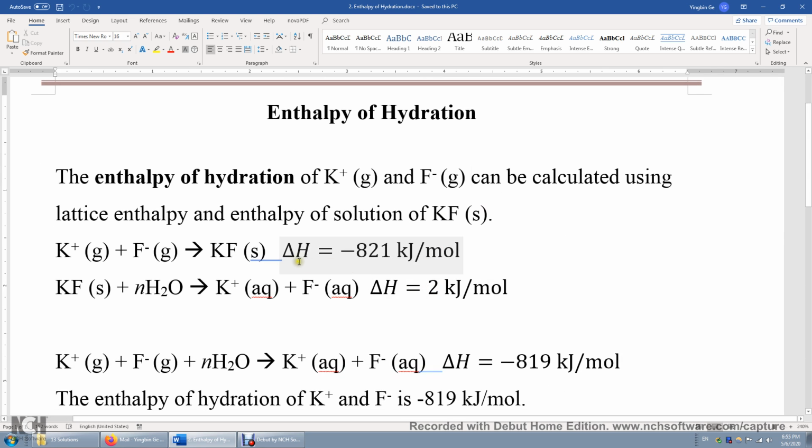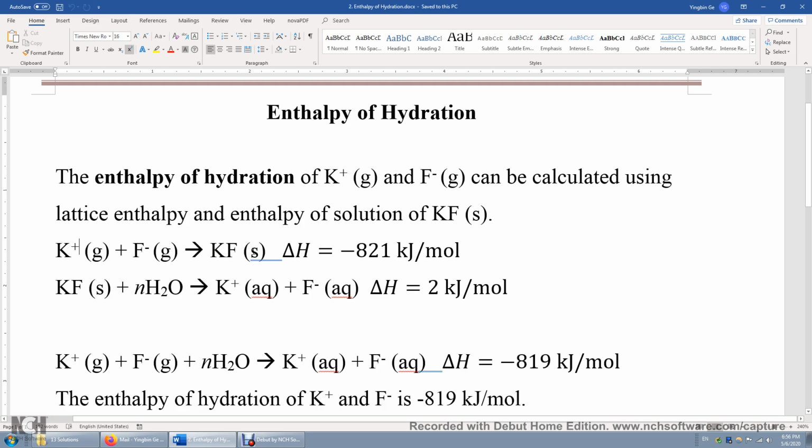Now let me show you the reaction associated with lattice enthalpy over here. So we start from separated K+ and F-, both in the gas phase. The product is potassium fluoride crystal in the solid phase.